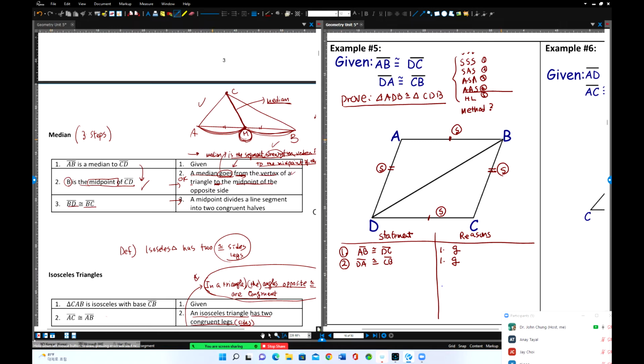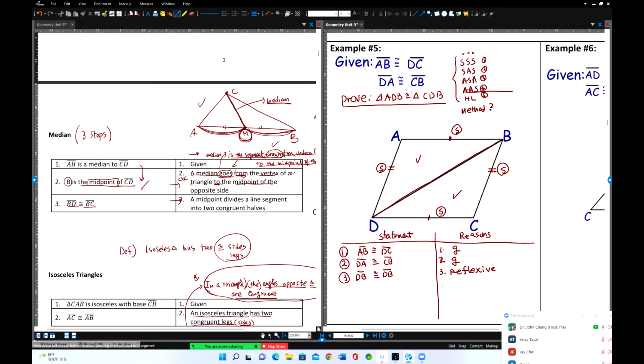This side, isn't it? From the figure, we can see that this side BD on this triangle and side BD on the other triangle are equal. That is reflexive. You have to say this one: DB congruent to DB, reflexive. Just reflexive is okay.